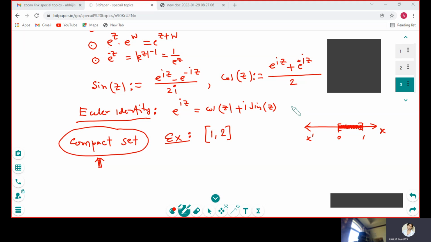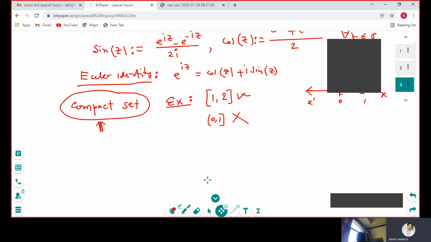So any closed interval is a compact set on the real line. But if you take an open interval, let's say 0, 1, where 0 is not included, then it is not compact. The endpoints must be included.